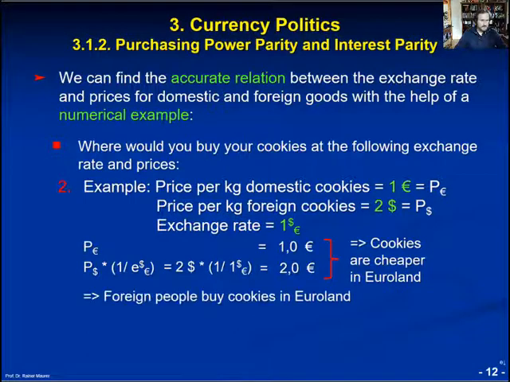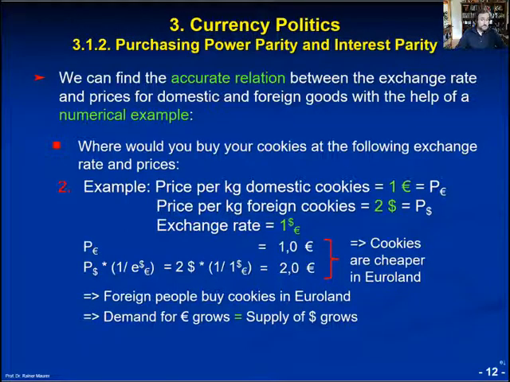As a result, Americans would now like to buy cookies in the euro area. To do so, they need to exchange dollar into euro, so they would demand euro, such that the demand for euro will grow, and they will supply at the same time dollar.